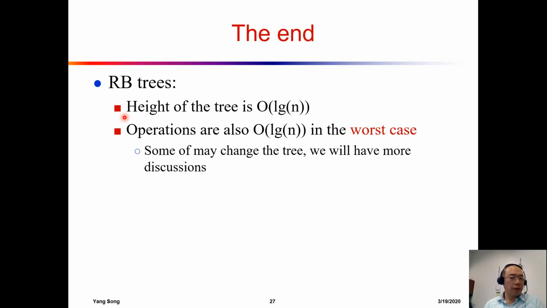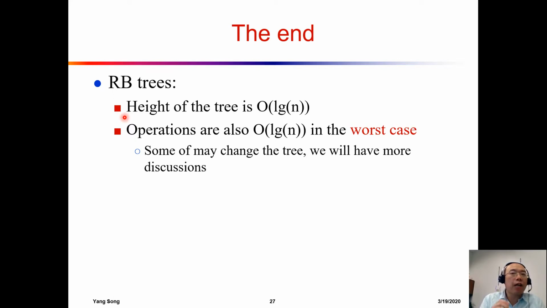So we have learned the red-black tree, and we have proven that after we enforce all the 5 properties of the red-black tree, they guarantee the height of the tree will be O(log n).